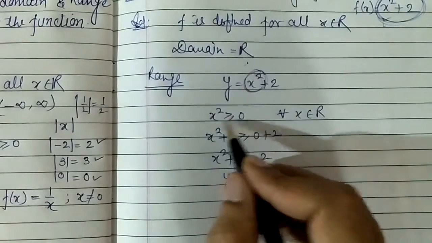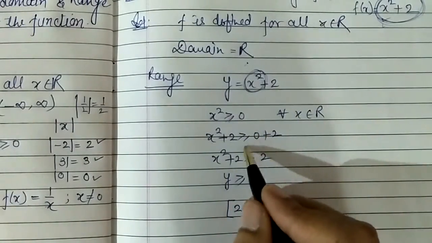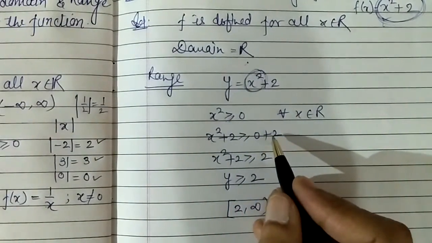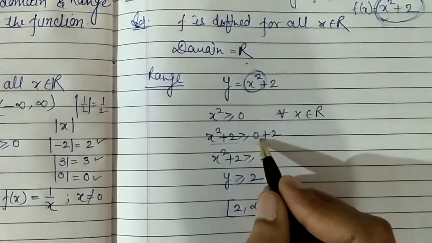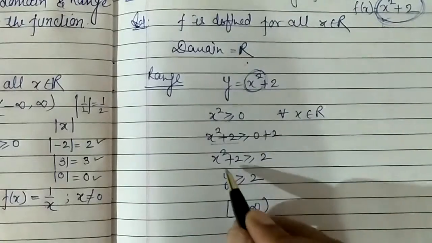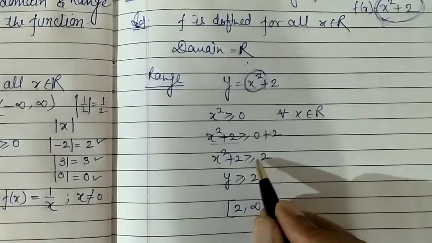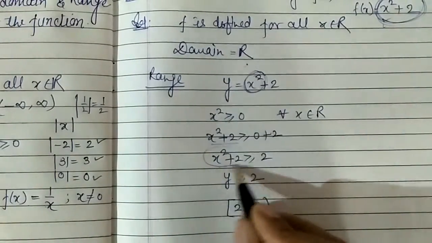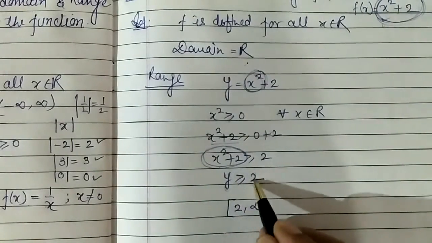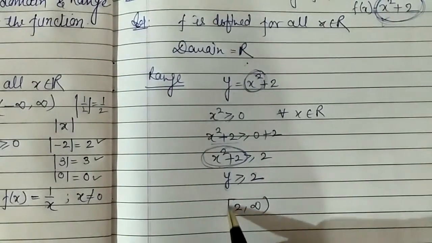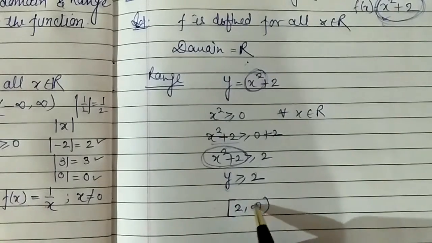Now adding 2 on both the sides, x square plus 2 is greater than or equal to 0 plus 2. Adding does not change the sign of inequality. So x square plus 2 is always greater than or equal to 2. X square plus 2 means y. Y will always be greater than or equal to 2, means closed 2 to plus infinity.